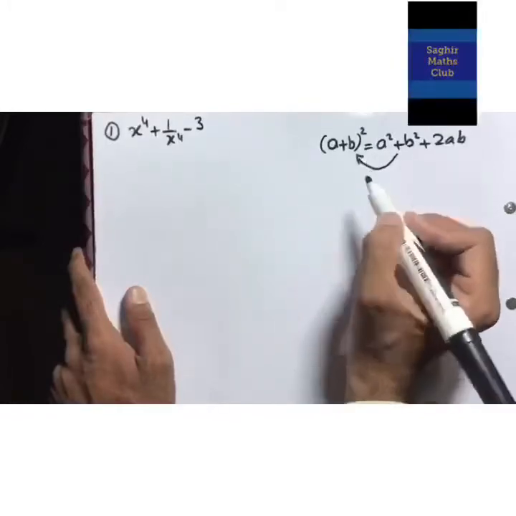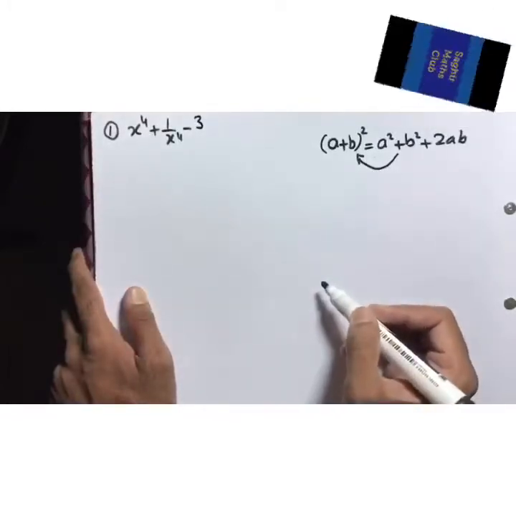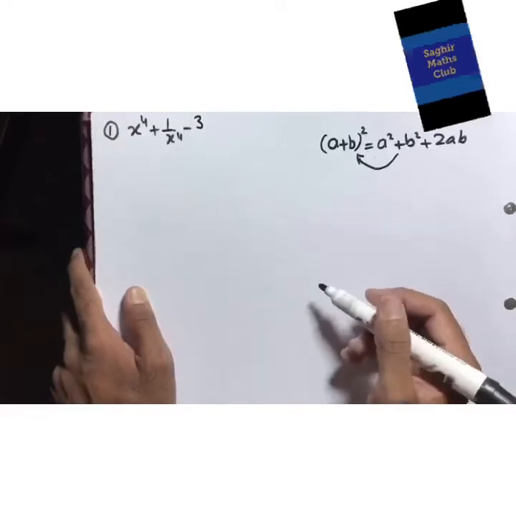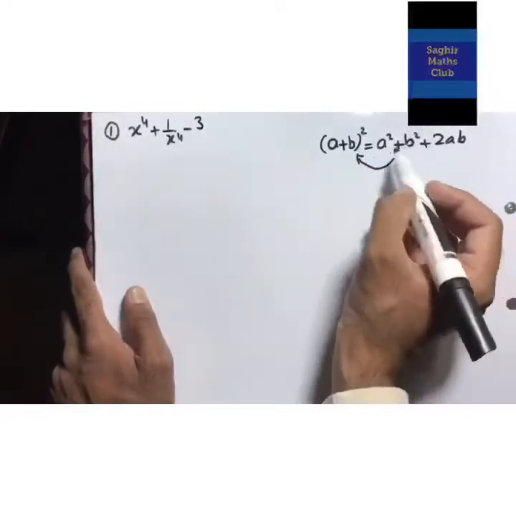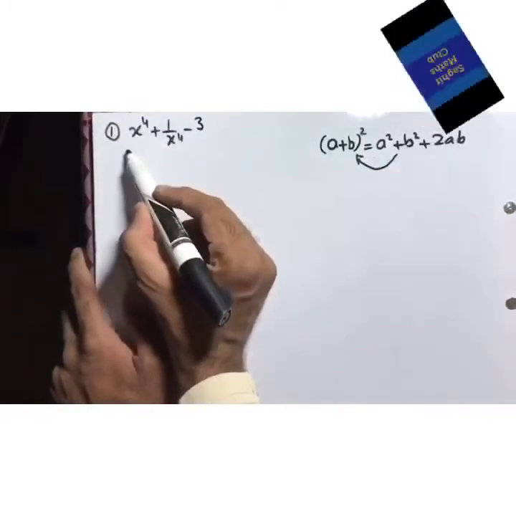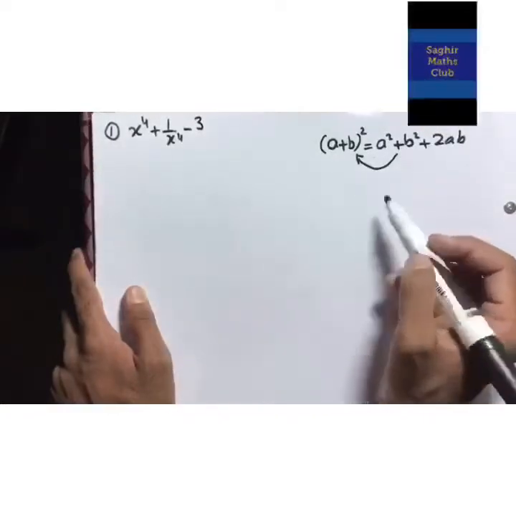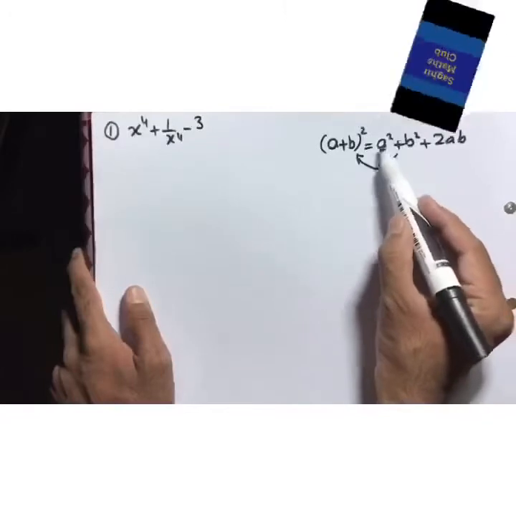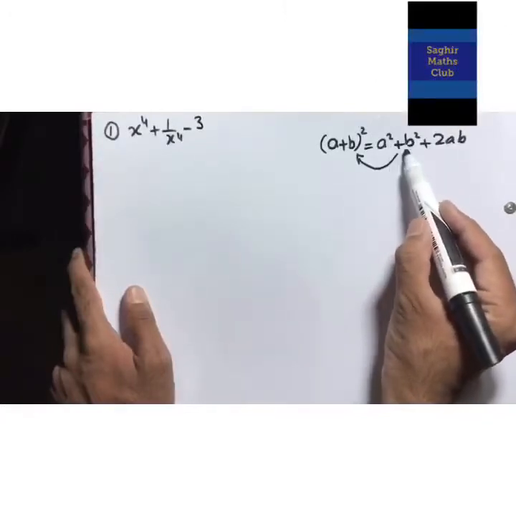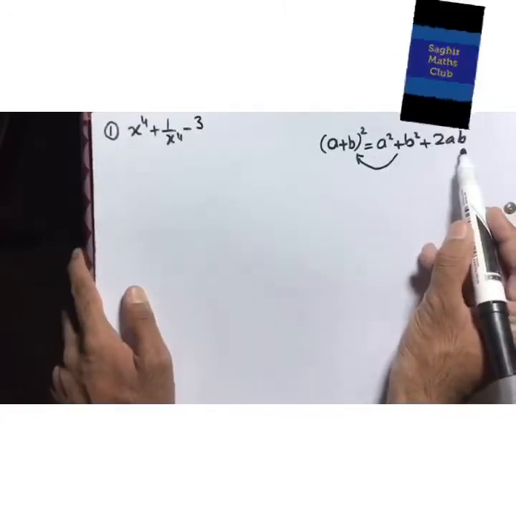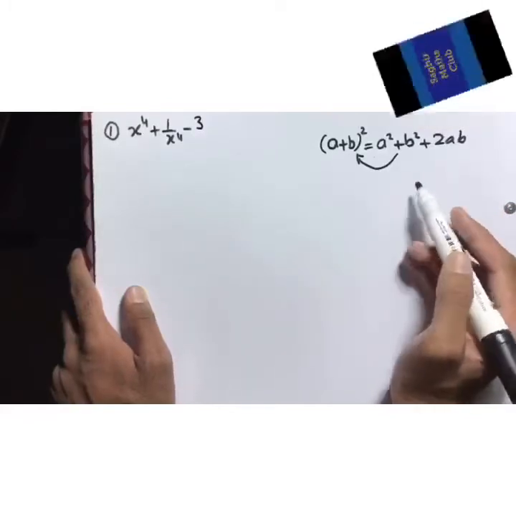This formula is called completing the square. But in this question there is no form like a square plus b square plus 2ab. So first of all we form the situation of a square plus b square plus 2ab, then we solve further.